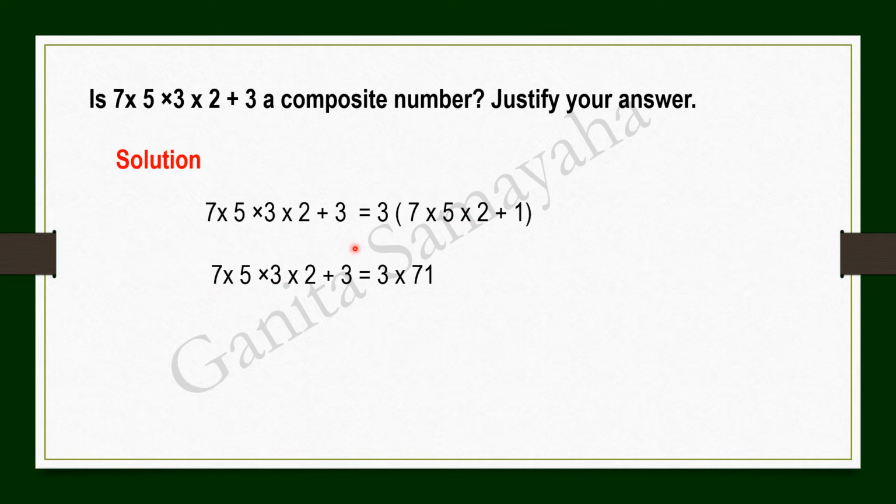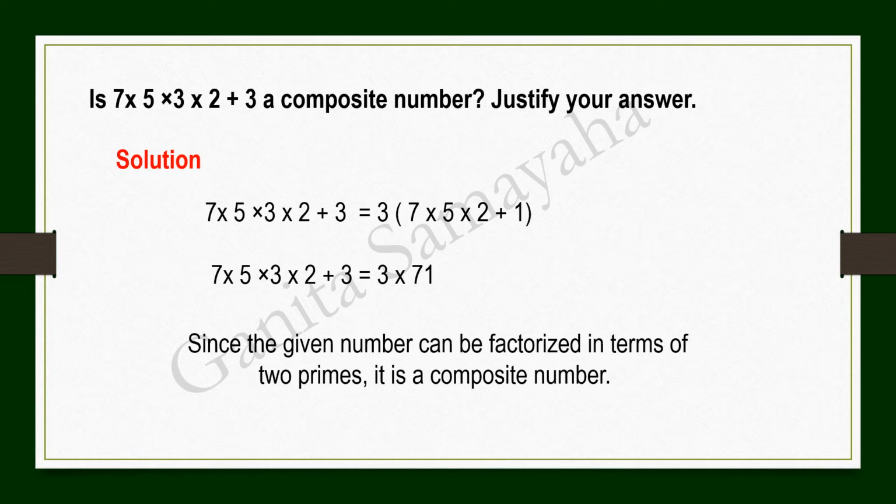So this entire number 7 into 5 into 3 into 2 plus 3, whatever we have given, that given number has been expressed as a product of 3 and 71. That means it has been expressed as the product of two prime numbers. Okay, if we can express them as a product of two primes, then it must be a composite number. This is how we establish.